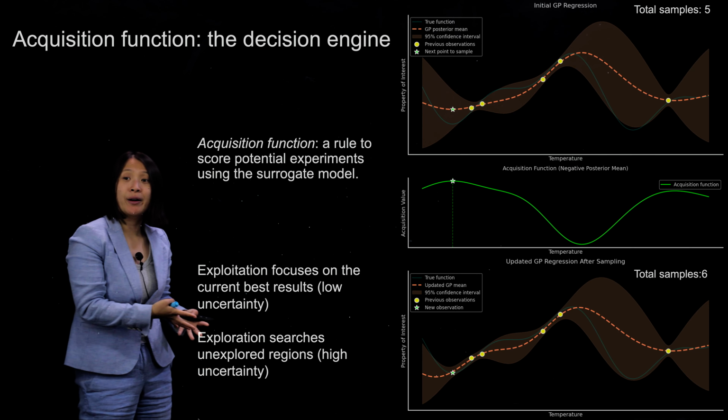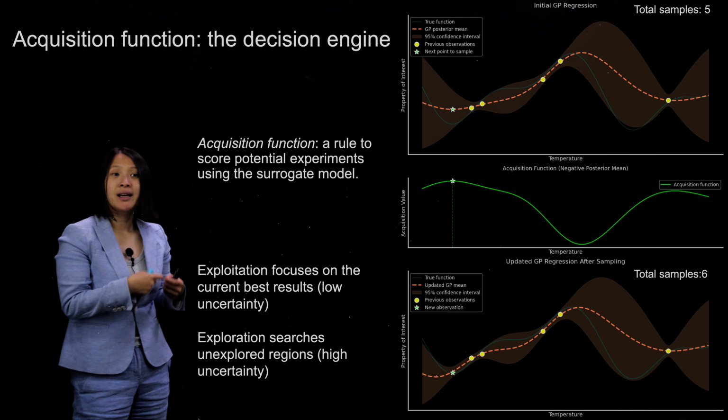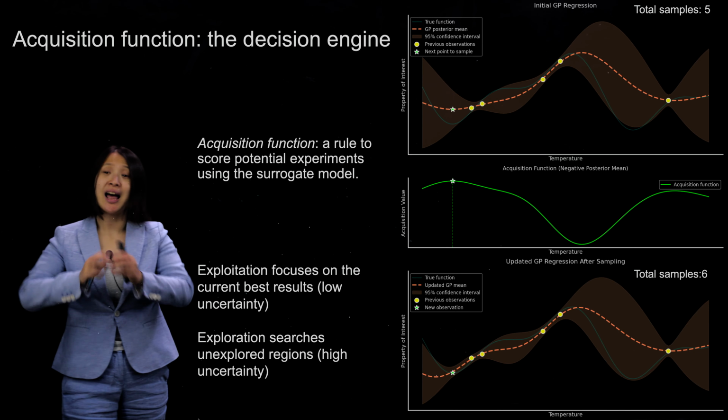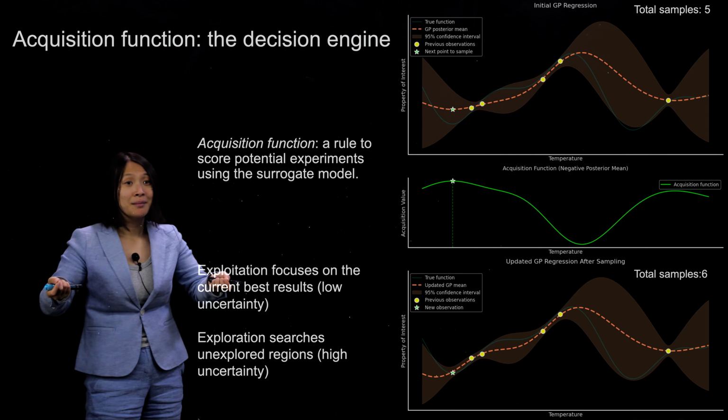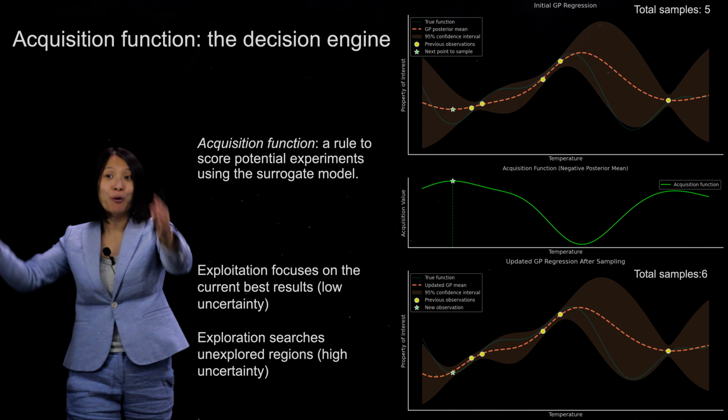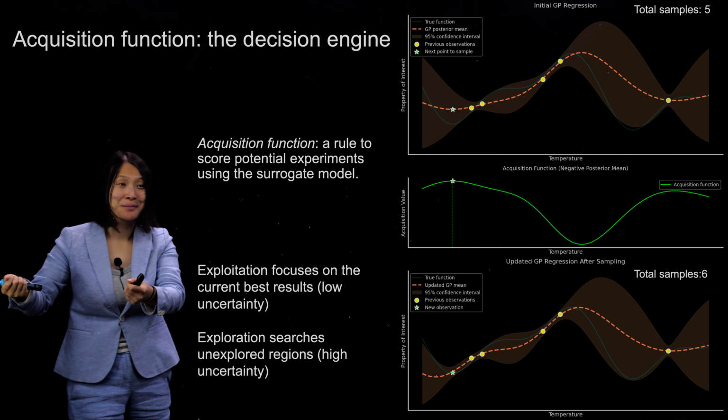On the other hand, we also have exploration. Exploration is really to search the unexplored region, in other words, the region with high uncertainty, because this can boost our chance to find some really good results in an unexplored region.